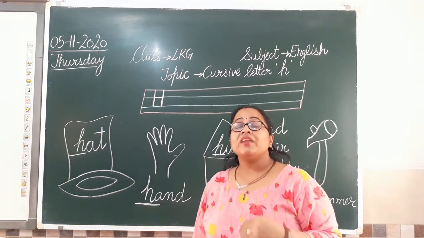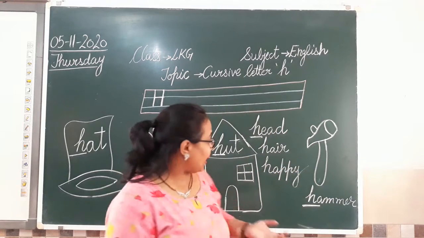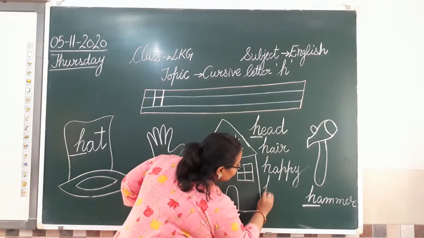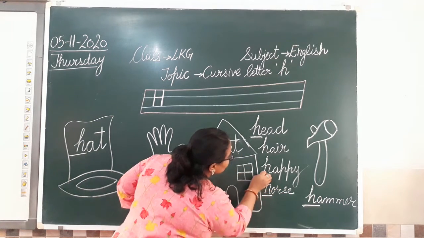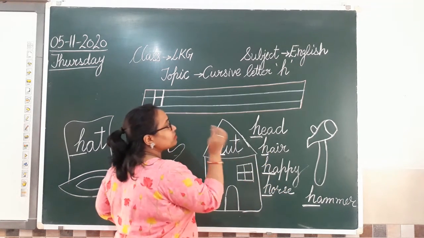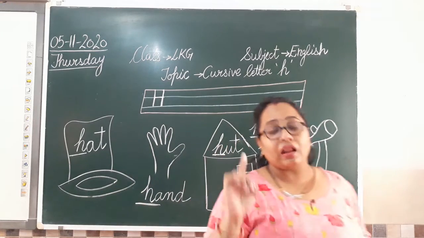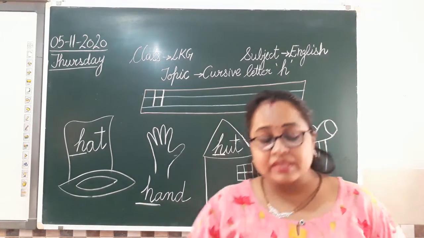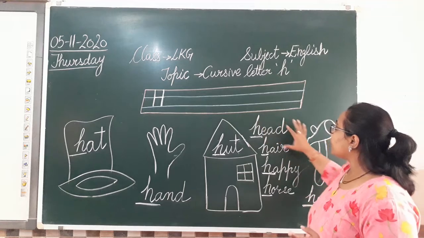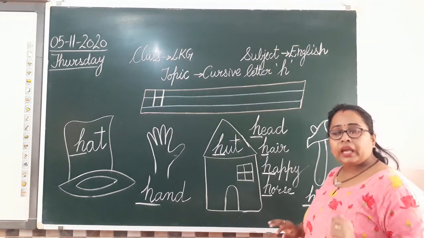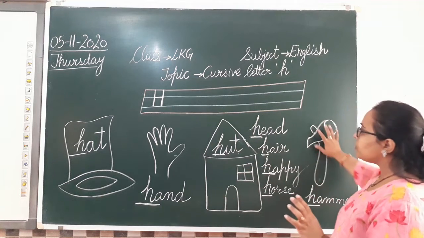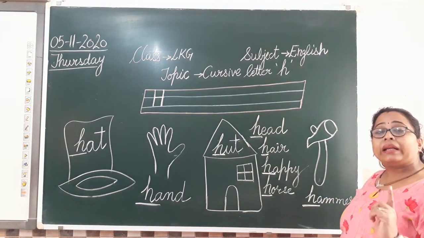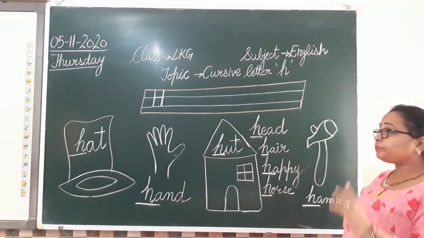Very good. So when we are saying horse, again, see here. Now class, it's time to tell what is the sound of this beginning alphabet. See, we are discussing about lot of things we have here. Can anyone tell me what is the similarity in all these words? The similarity is beginning sound.